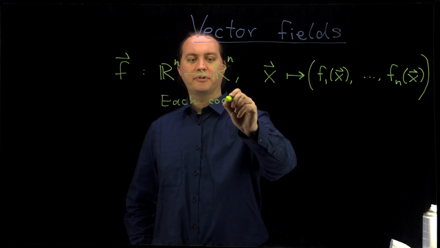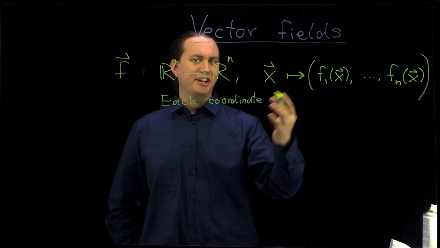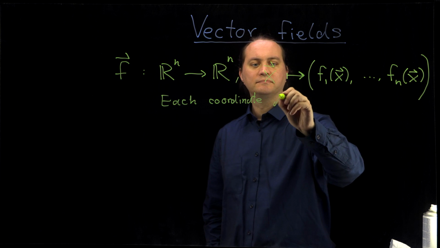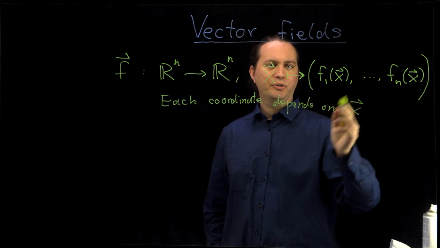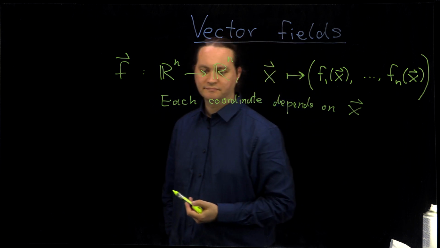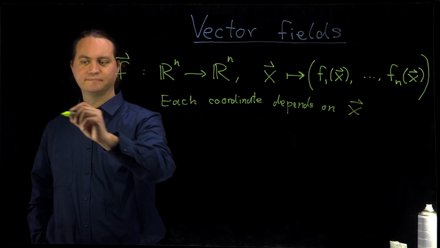So in some sense you've got several functions that depend each on x stacked up into a vector, f1 up to fn. It will be helpful to have a look at a few examples.